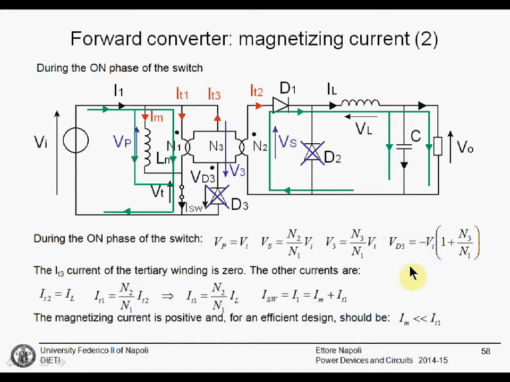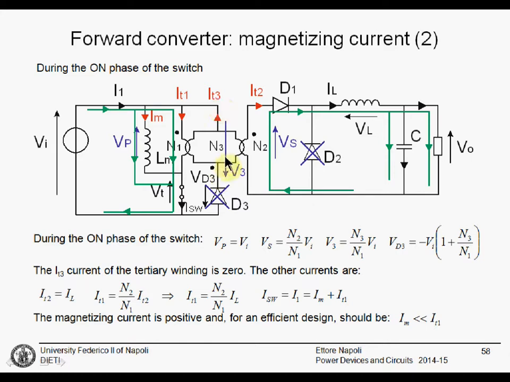This tells us that this diode needs to be chosen to sustain more than the supply voltage. This is a stressed diode in this topology. However, in this phase, this is an important note, but the most important thing that we need to understand is that this voltage is negative. It's minus something. This means that the diode is off. Since the diode is off, IT3 is 0.